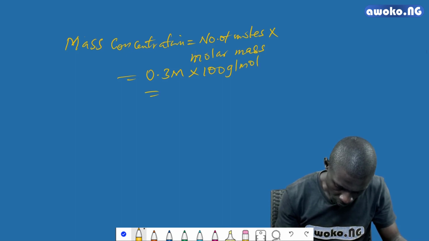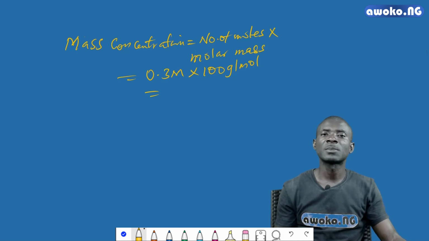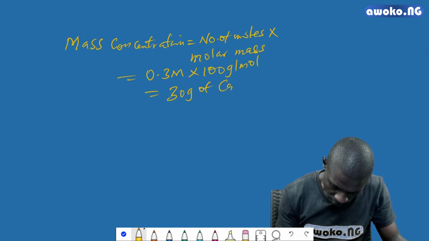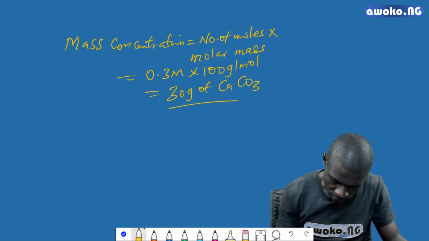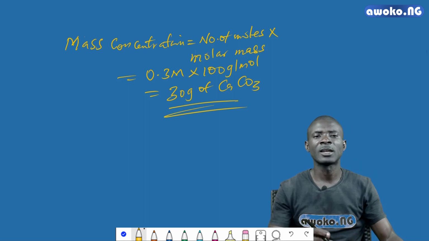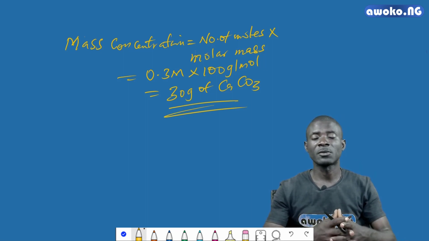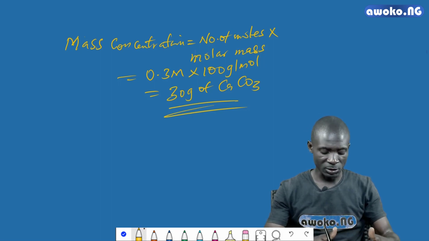So here we have 0.3 multiplied by 100, which will give us 30 grams of CaCO3. So that is our final answer as a mass of calcium trioxocarbonate (IV) that is dissolved in 200 cm³ of solution. So that is the end of this question.